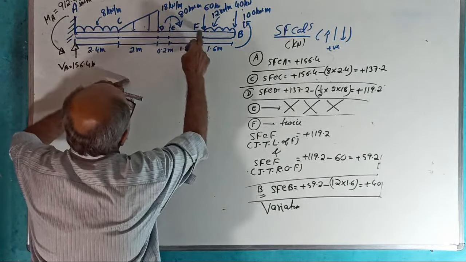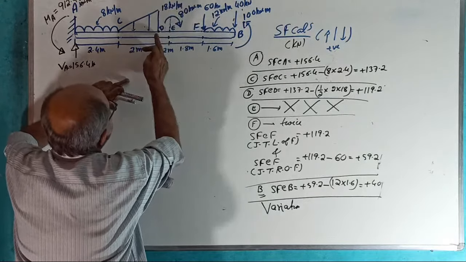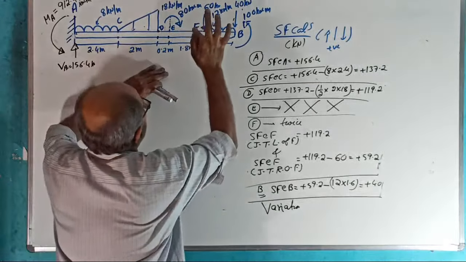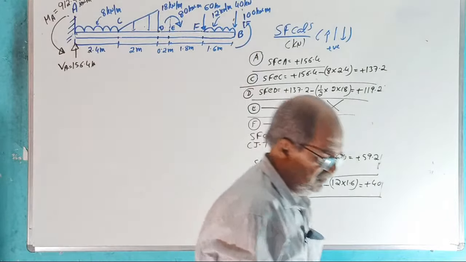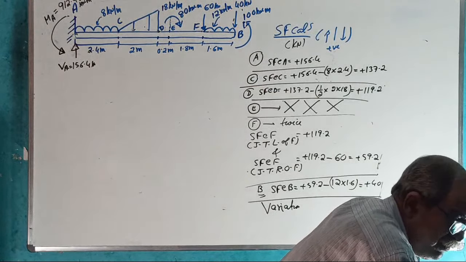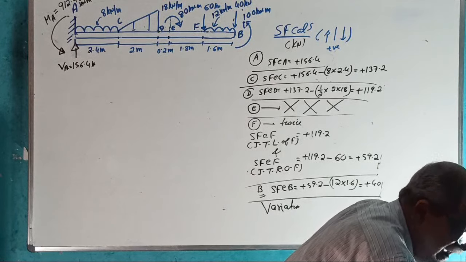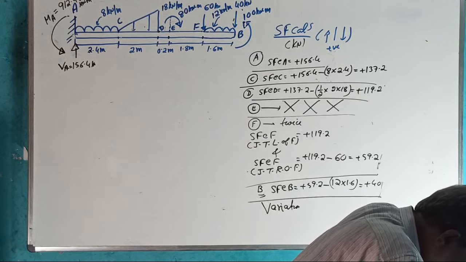D to F, E is not required. D to F, constant. F to B, linear. Clear now? That is the variation. Statement of variation clear? What I told, go through the class again and again and write. Clear variation? Fast.